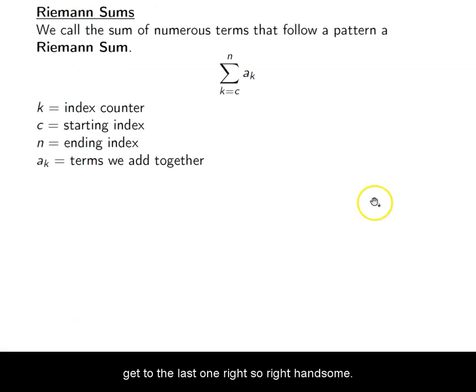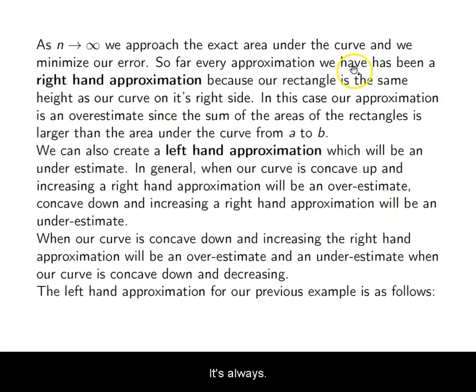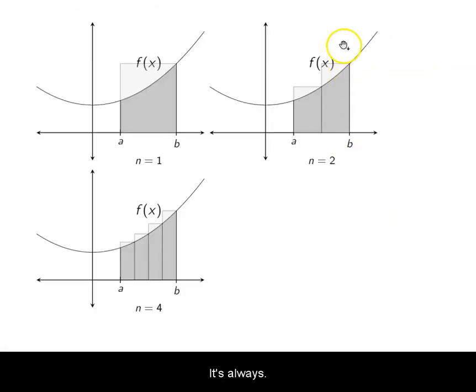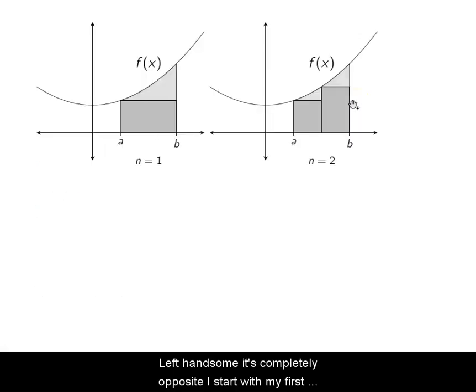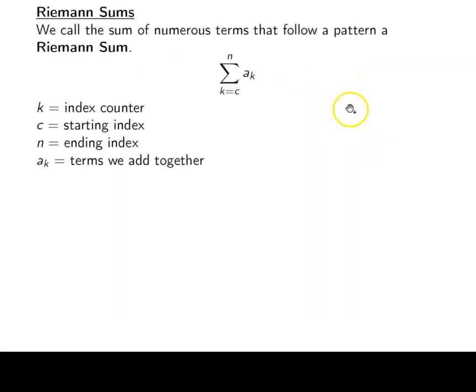So right-hand sum, the last value is the last one that you should plug in. Okay, left-hand sum, it's completely opposite. I start with my first one, right? So first one, and the last one never gets evaluated.